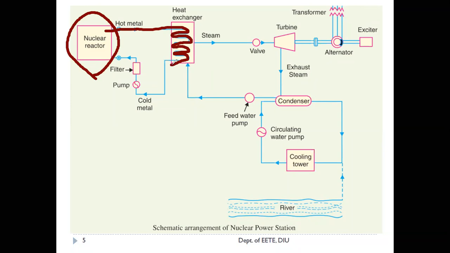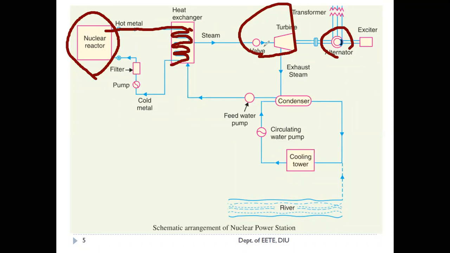The pipe goes inside and the outside is the water. So here the steam is generated. Finally the steam goes into the turbine, and then the alternator. So this is the schematic diagram of the nuclear power plant.